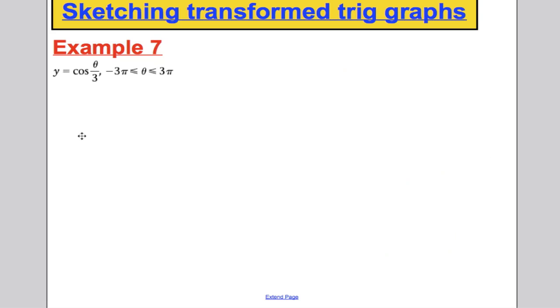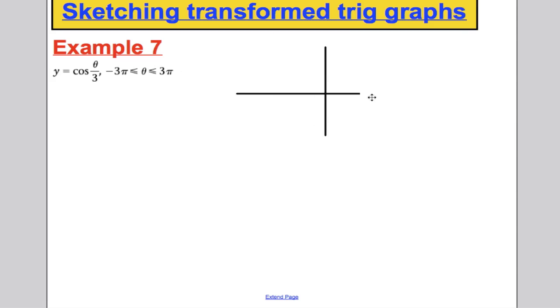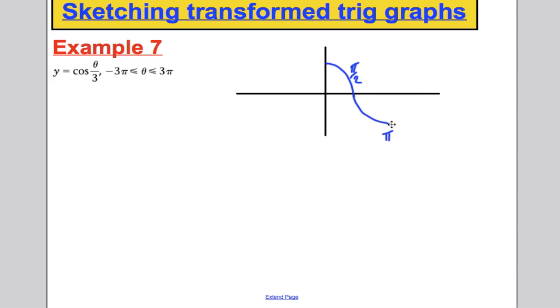Next one, have a go at this: cos of theta over 3 between negative 3 pi and 3 pi. Firstly, I draw cos of theta. There we go, that's going to be pi by 2. It's going to be pi.